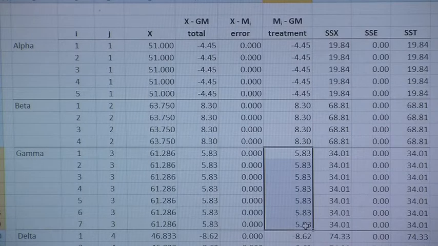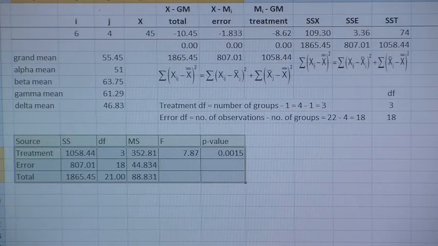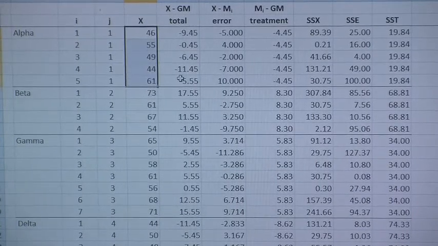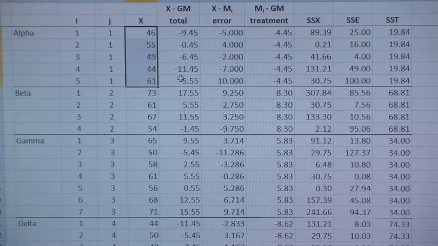So when we talk about within group variance and between group variance, I hope this screen shows you that the reason why, let me go back to this sheet, the reason why we have within group variance is because not all of these vehicles have exactly the same miles per set of tires. So within group variability is caused when not all of your vehicles within a group are the same value.